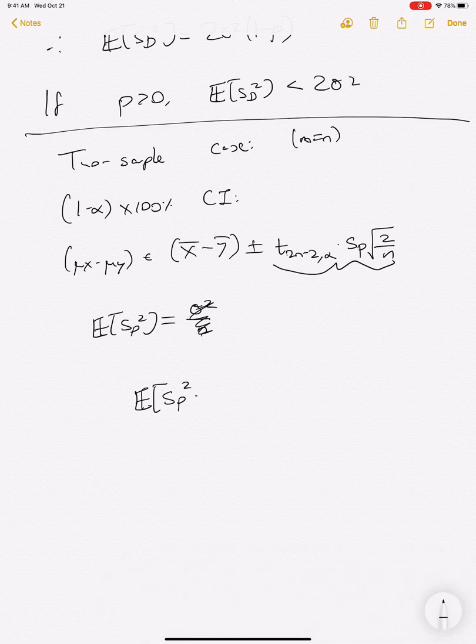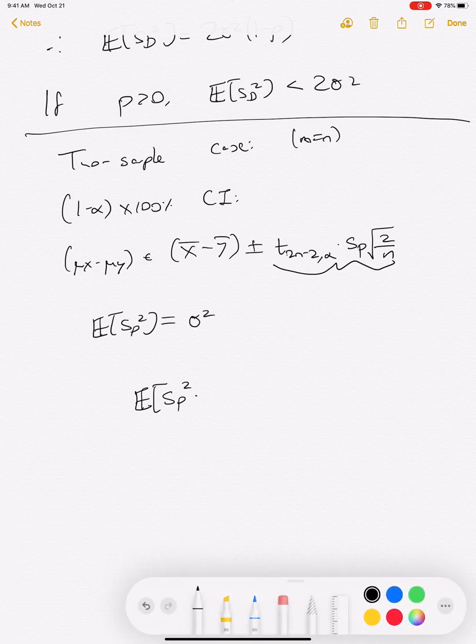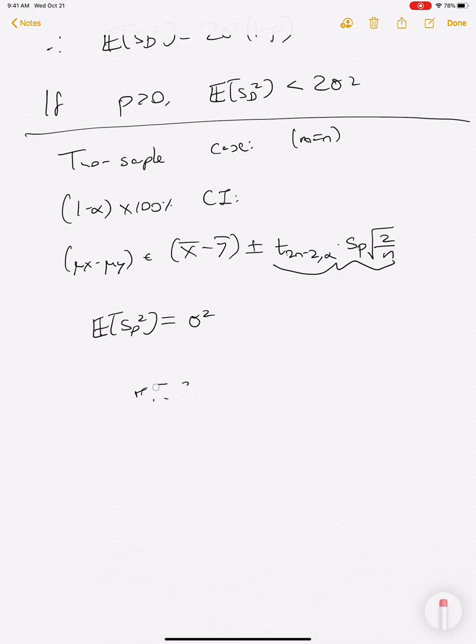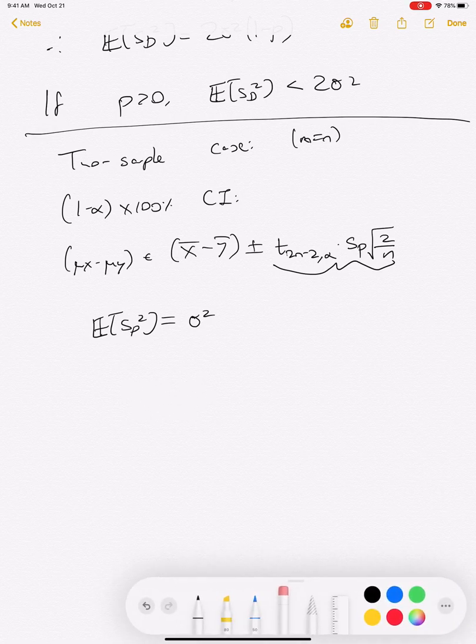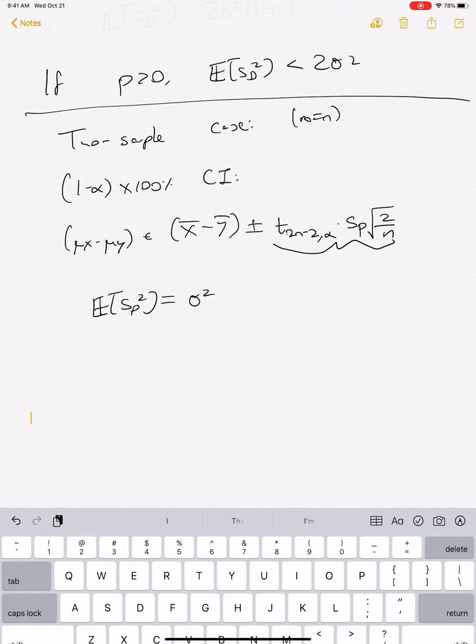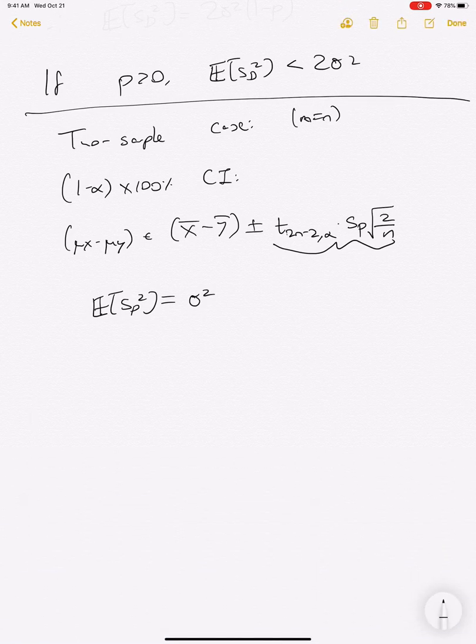E of SP squared is not sigma squared over n, it's sigma squared. So E of SP squared is sigma squared. And so therefore we have that mu x minus mu y is effectively in this confidence interval, and then we'll say sigma times square root of 2 over n.